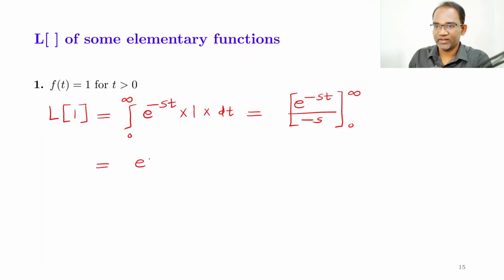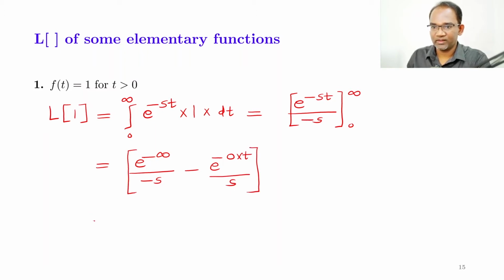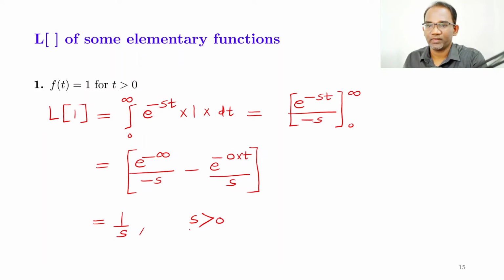This is e^(-∞) over (-s) minus e^(-0·t) over (-s), and this is equal to 1 over s, provided s is greater than 0. So the Laplace transform of 1 is 1 over s.